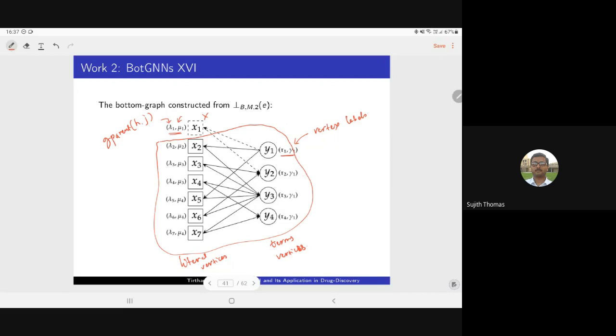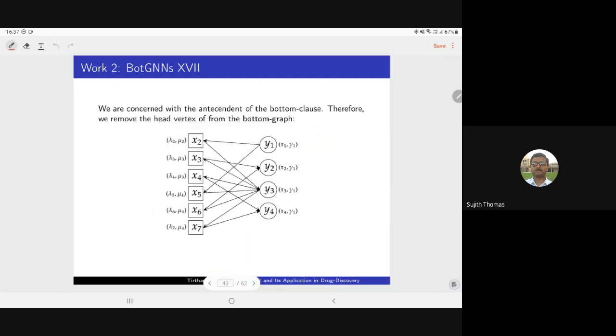So now the beheaded version will look like this, which we call the antecedent graph. That is the graph that represents the antecedent of our bottom clause, or the depth-bounded bottom clause. It's still the same, just the head node is gone.